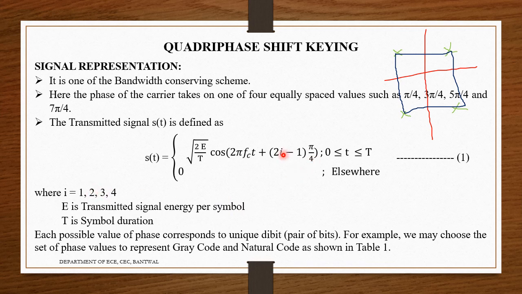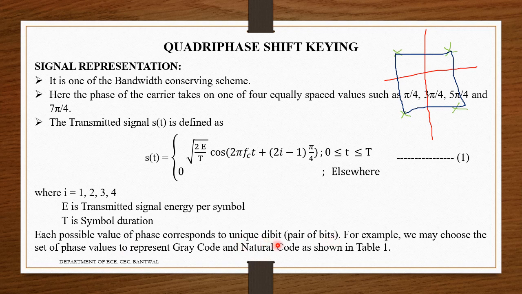If I substitute i as 1, 2, 3, 4, we get pi by 4, 3 pi by 4, 5 pi by 4, 7 pi by 4. So it substitutes the 4 values, and E is the energy of the transmitted signal per symbol. In PSK we had 1 bit per symbol, but here we have 2 bits in one symbol, because we have a pair of bits.